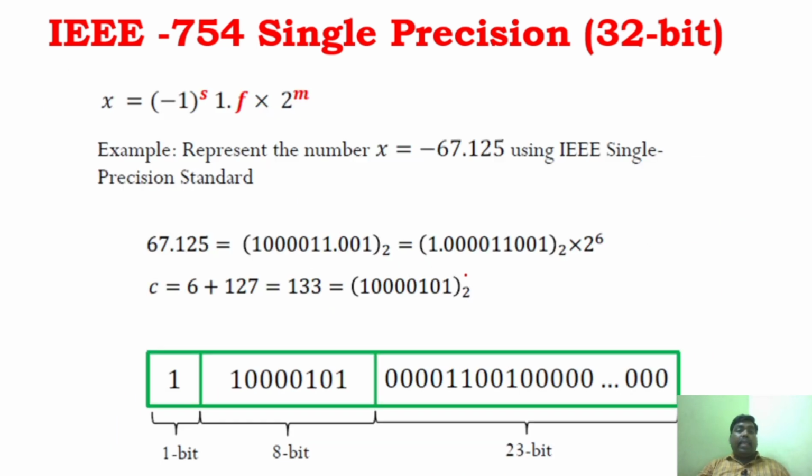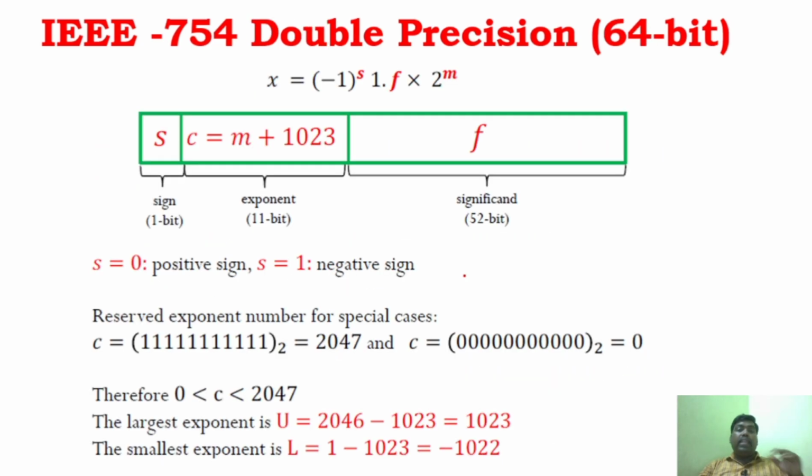Similarly, if you take double precision, as I said, the exponent is 11 bits and the total is 64 bits: 52 for the mantissa, 11 for the exponent, and 1 sign bit, so totally 64 bits. As usual, the sign bit will be 0 or 1.